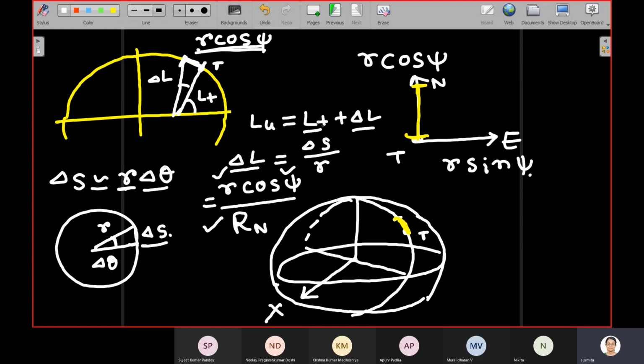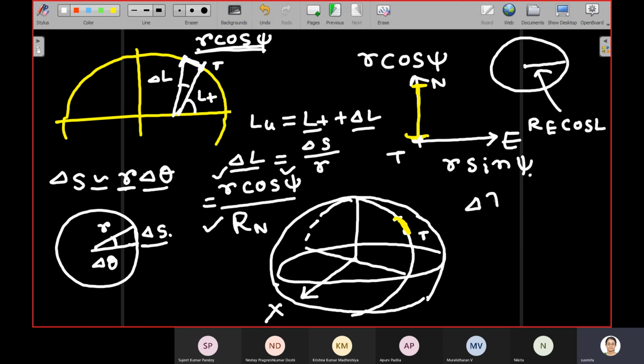Okay. Now for longitude, you need to consider the east-west circle. Yesterday we discussed that the radius of that circle is Re cos L. The same thing has to be done for longitude.